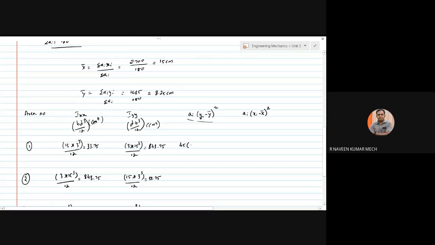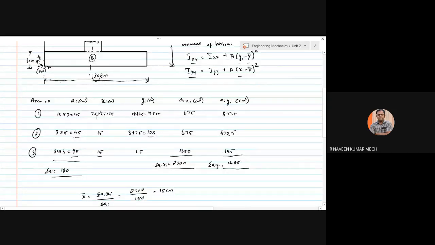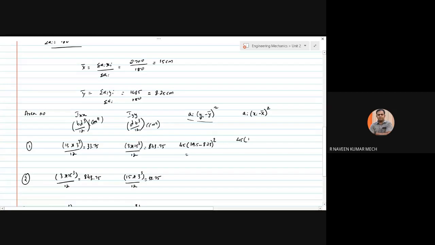45 into yi, which is 19.5, minus y bar 8.25 whole square. Similarly here, 45 into xi is 15 and x bar is also 15, so 15 minus 15 whole square, which is equal to 0.